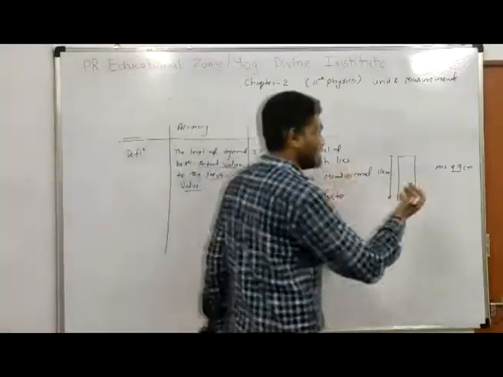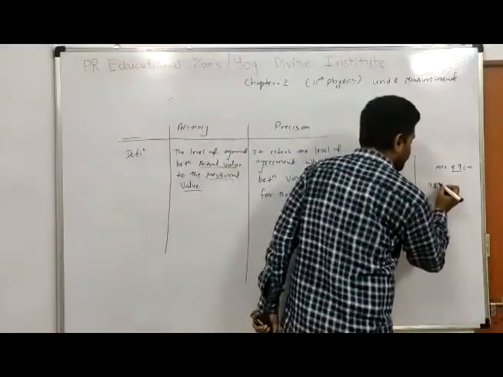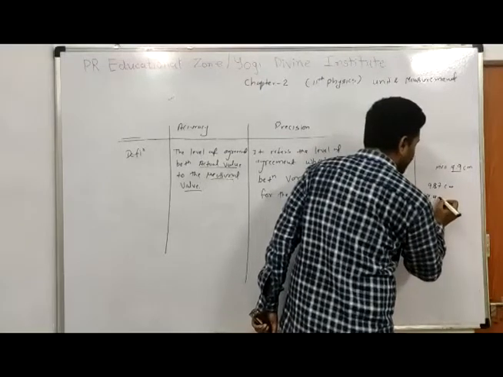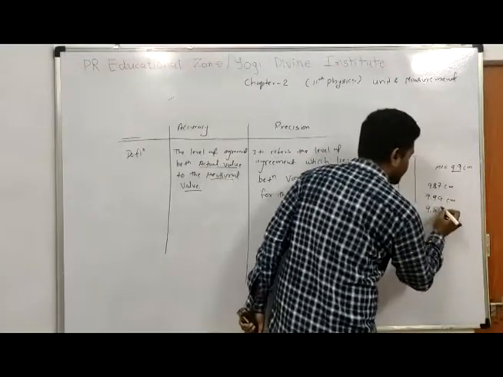For example, I am taking various measurements: 9.87 centimeter, 9.99 centimeter, 9.86 centimeter.